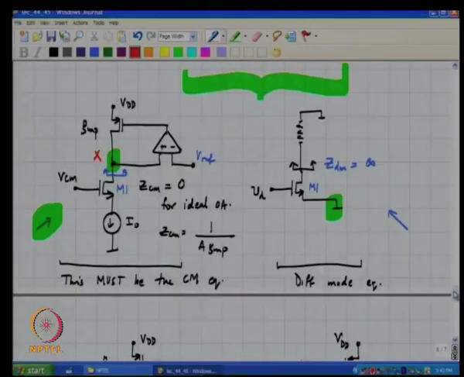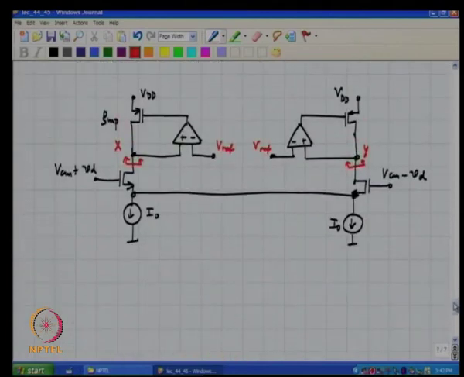at Vref. But the mistake we have made when we have simply copied and pasted the circuit, as is common with this half circuit analysis, is that this op amp is now not sensing the common mode potential at X, it is sensing the total potential at X, which is the sum of the common mode and the differential mode, alright.